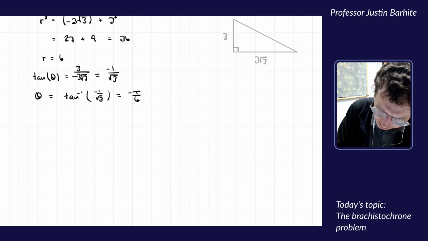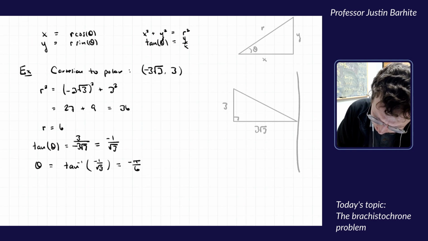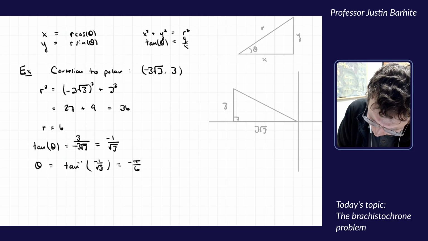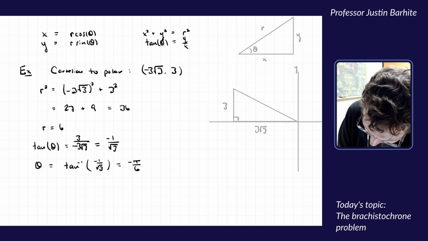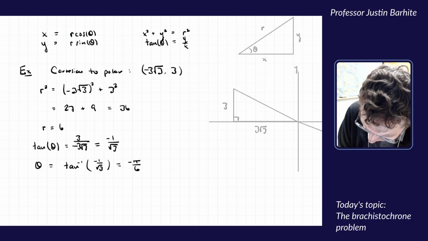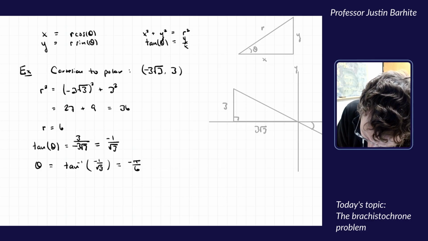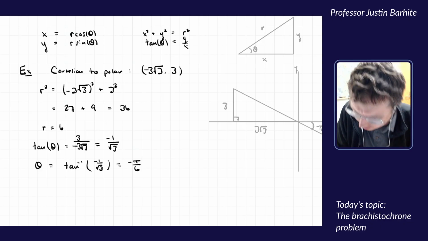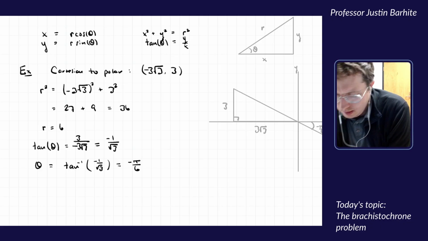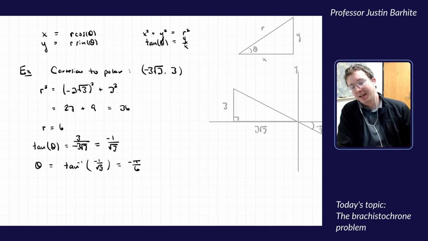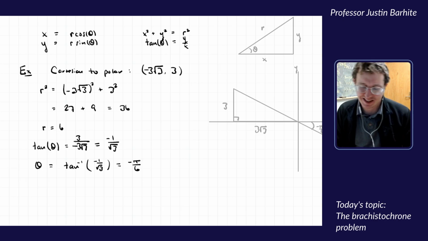So I guess if I just sketch some axes, minus pi over 6 is over here. So the inverse tangent actually gives me completely the opposite of the correct answer.